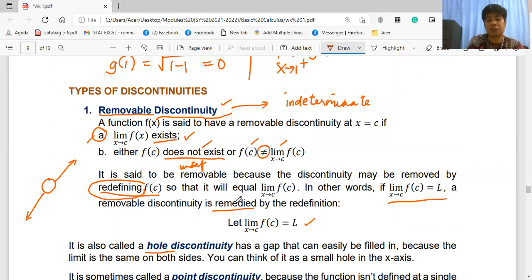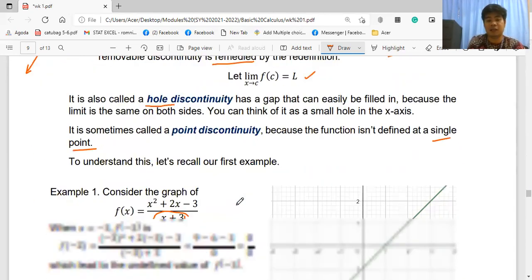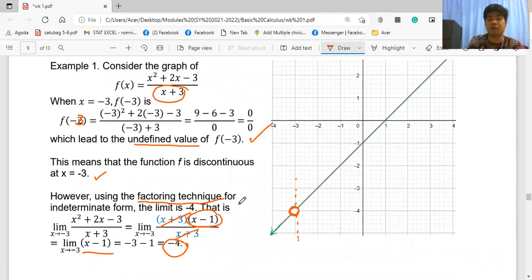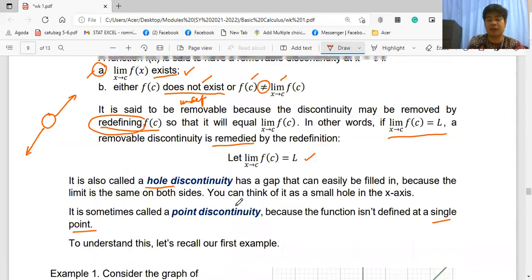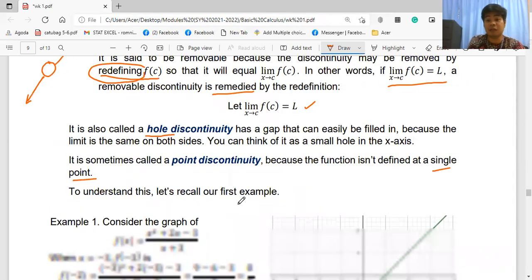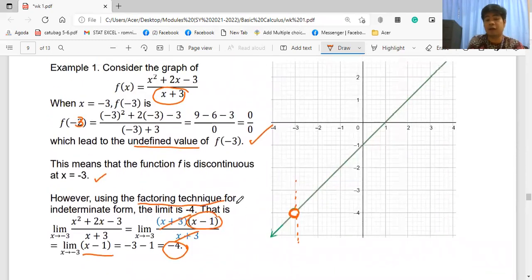And on the second condition, f of c should be undefined. Nangyari naman yun, f of negative 3 is undefined. And at the same time, we redefined it. We have a redefinition, kaya nagkaroon tayo ng negative 4 as the limit. Ngayon, paano kung tinanong ka naman, removable discontinuity ba ay totoo when x is equal to other numbers except negative 3?